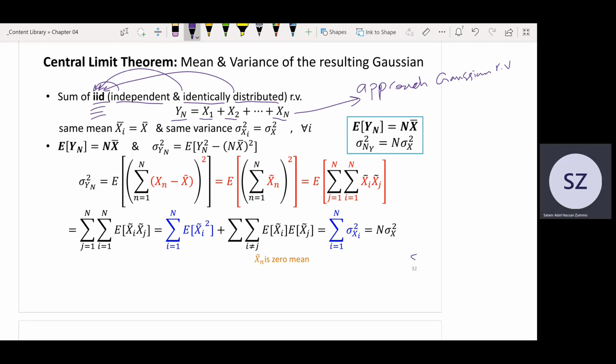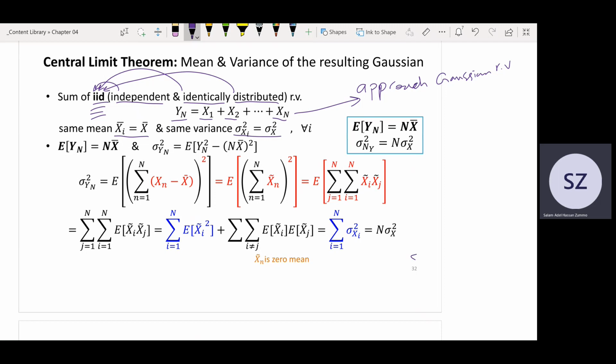So identically distributed means all the x's have the same distribution, which means the same PDF. That means the mean is the same and the variance is the same.